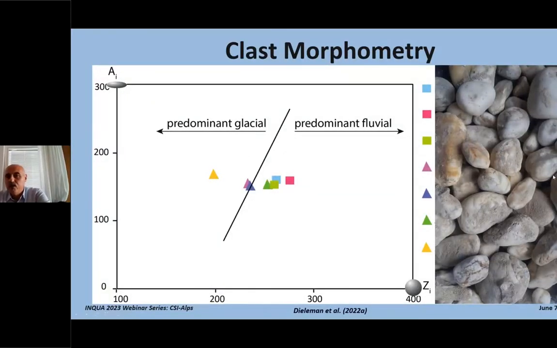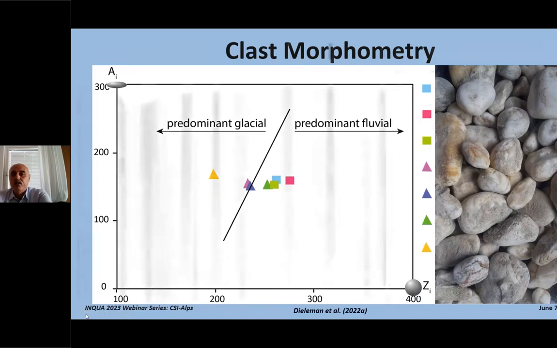Then you select the same lithology and measure the flattening index and the roundness index. When you plot the flattening index versus the roundness index, you can say whether they are predominantly glacial deposits or predominantly fluvial. In the case of glaciofluvial deposits, you can relatively estimate whether they were close to a glacier or far away from the glacier. So these are really robust, relative determinations.